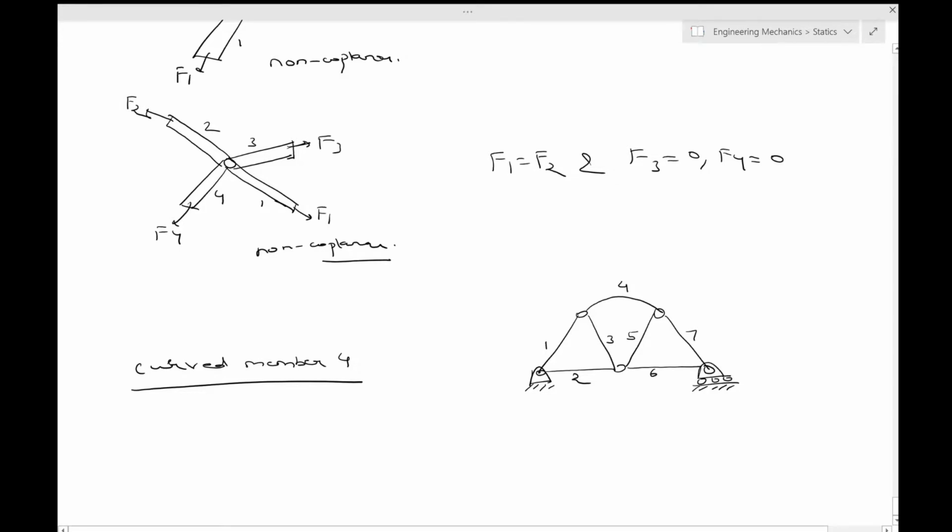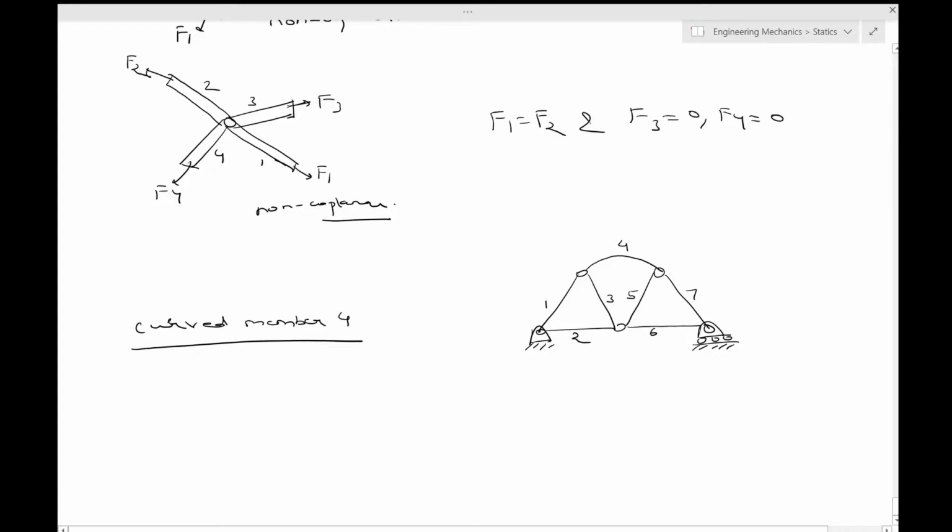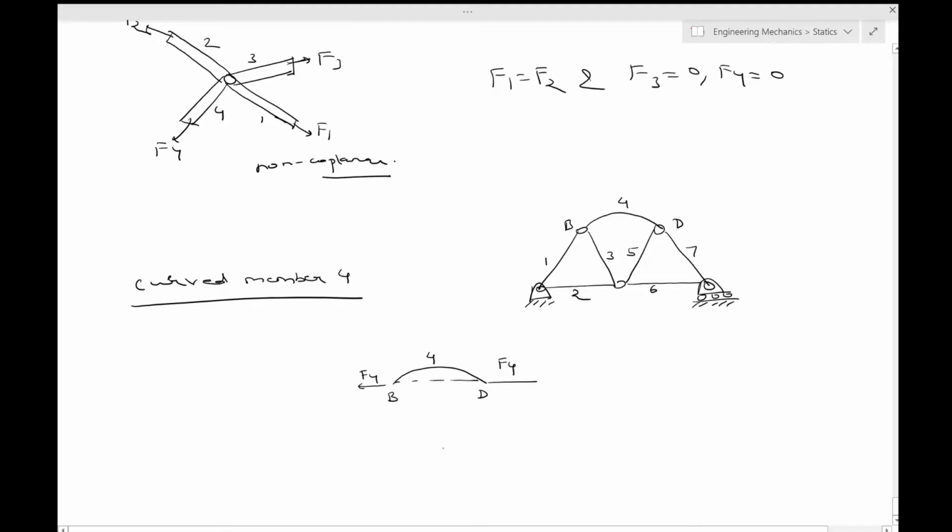So in this case, this is B, this is D. Okay, so you have B, D, this is F4, member 4, and then for the joint B, I'm trying to write the FBD of joint B. So over here there's also a force Q. So this is B, this is F4.